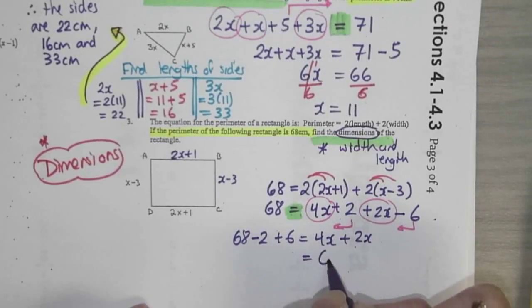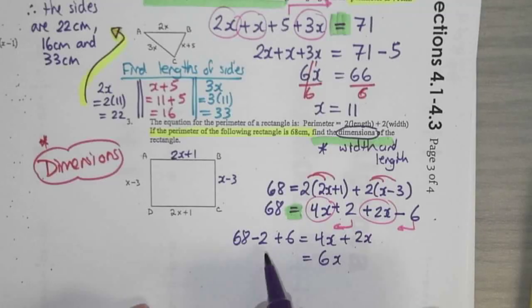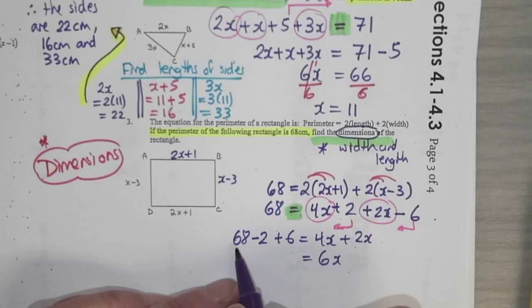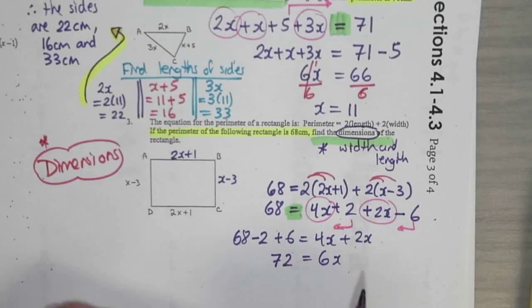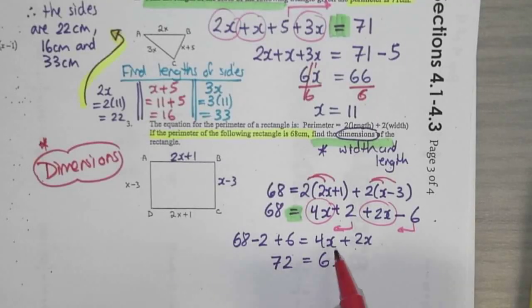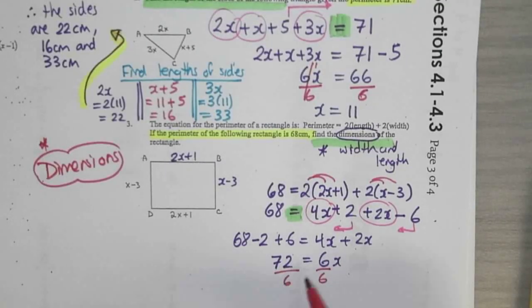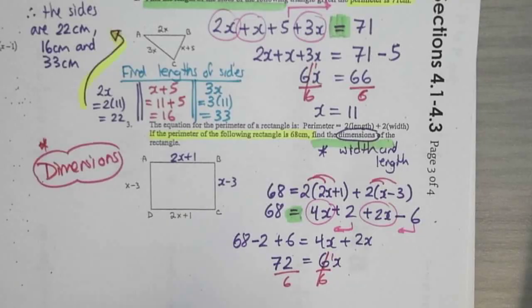Some people can go faster here, and they would have already done 6x. That's fine. So 68 minus 2 is 66, plus 6 is 72. And I know that might take you a bit longer, and you could have added that. So don't skip too many steps. Remember, this year is all about writing proper steps. We have a good form for next year.